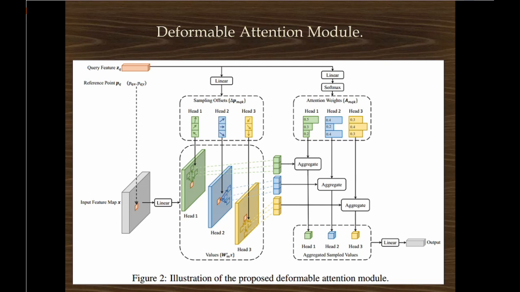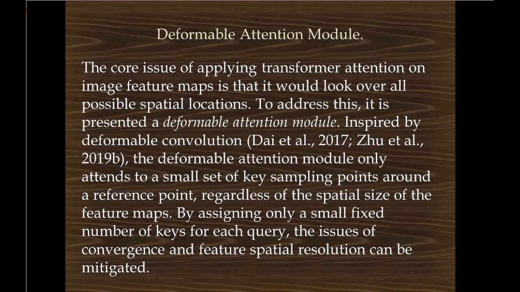The core issue of applying transformer attention on image feature maps is that it would look over all possible spatial locations. To address this, the deformable attention module is presented. Inspired by deformable convolution, the deformable attention module only attends to a small set of key sampling points around a reference point, regardless of the spatial size of the feature maps.